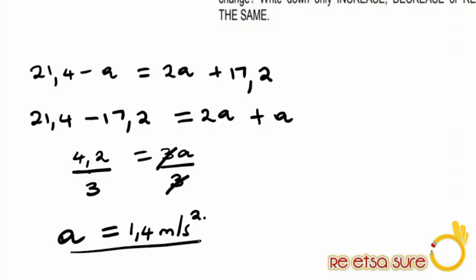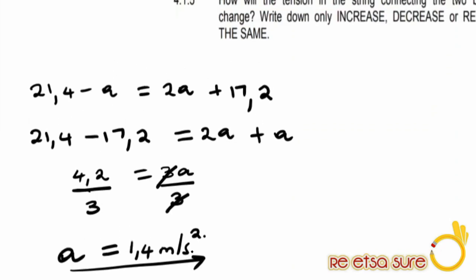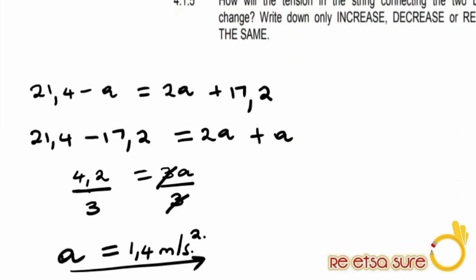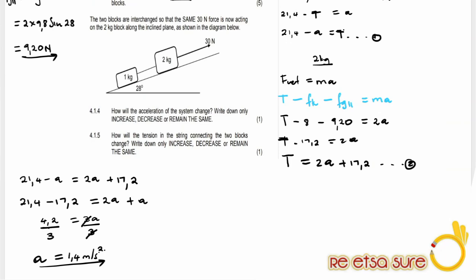This is my acceleration. But remember, the question says that we must determine the magnitude of the tension. So with the acceleration that I got here, I must choose whether I'm using equation 1 or equation 2 to solve for the tension. So let me take equation 1.